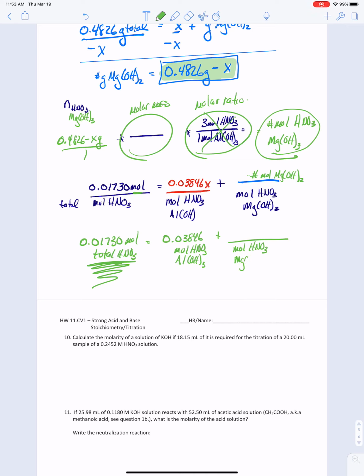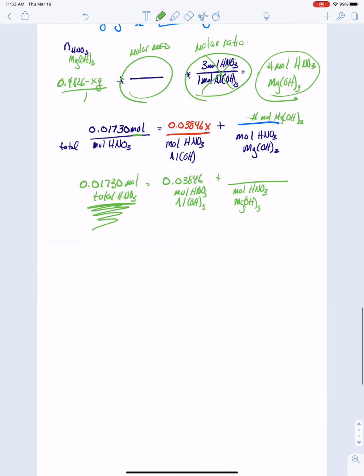Need more paper. Let me get some more paper. So, well, this would be X though, right? This would be X. Now I left that out. I'm not used to using that. So this is actually what we set up here. This is where this came from, right down here.